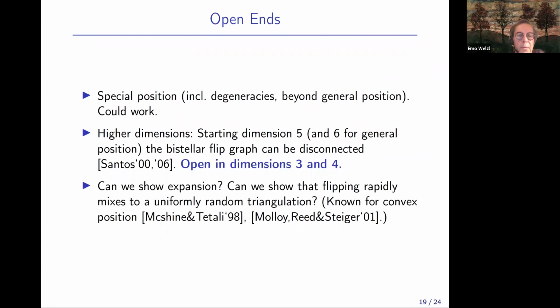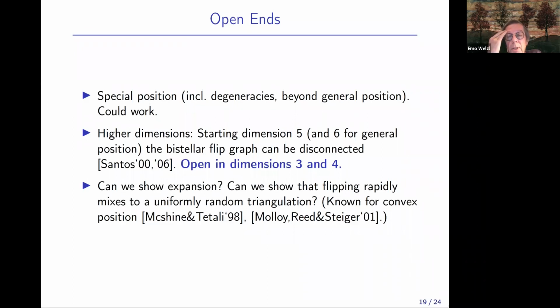And then there is a third question, and to some extent, this is also where we came from. Can we show expansion? There is one question behind all of this. And I'm not claiming that we contributed or made progress in that direction.